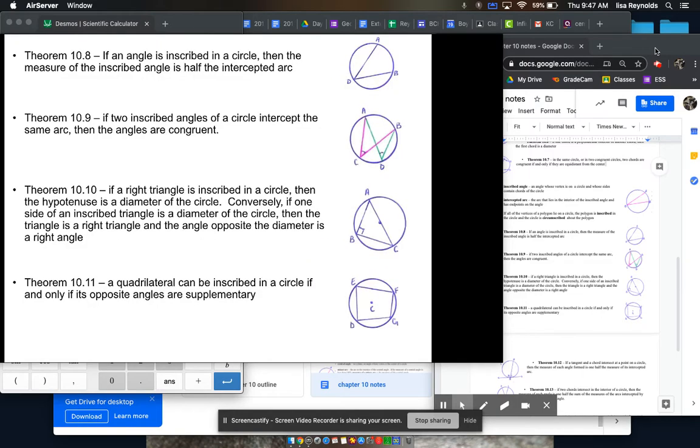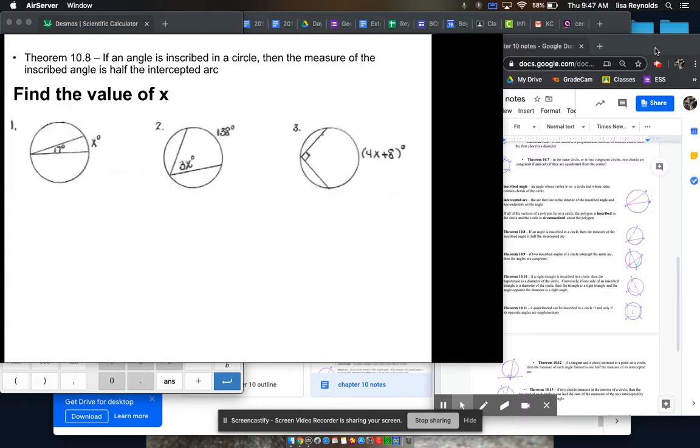So we have 4 theorems that we're going to work with that deal with the measures of inscribed angles and the angles of quadrilaterals. So the first one we're going to deal with is theorem 10.8, and it tells us that if an angle is inscribed in a circle, then the measure of the inscribed angle is half of the intercepted arc.